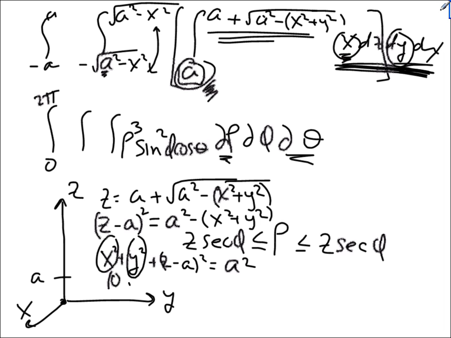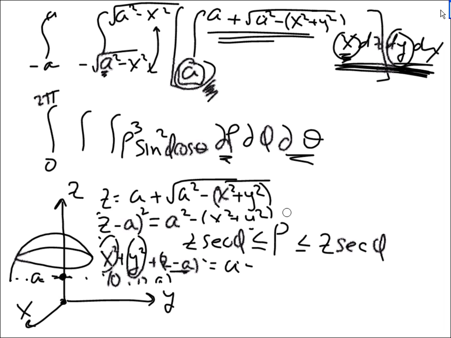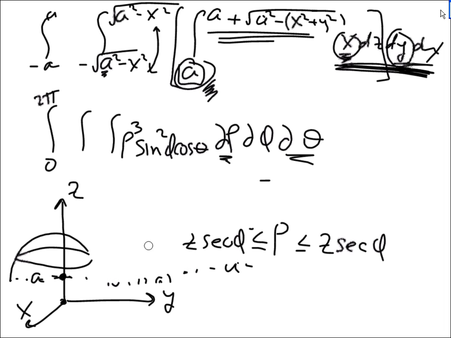What makes this 0? 0. What makes this 0? A. That's the center. And we have that z is positive, because z goes from A to above. So what you get is the upper sphere. You just get the top half of the sphere centered at 0, 0, A.